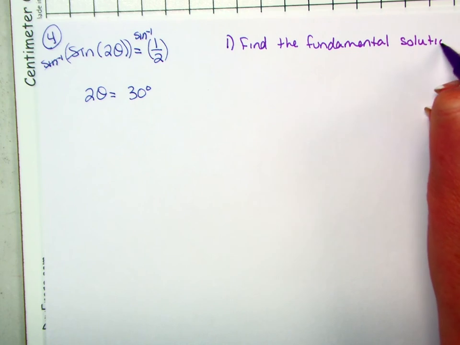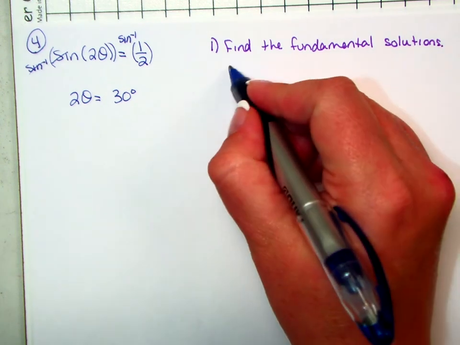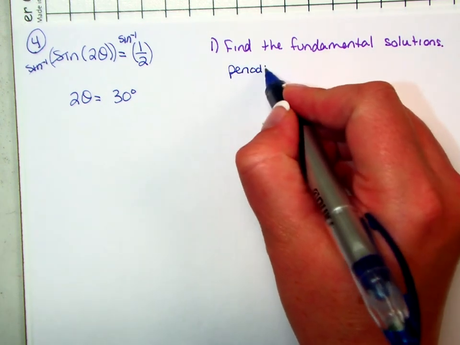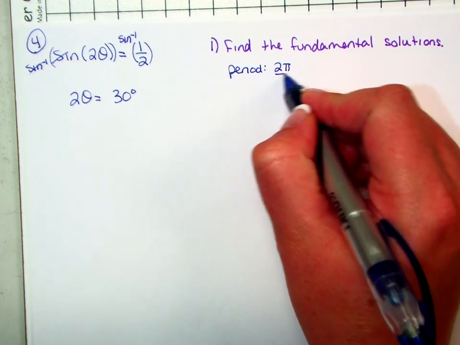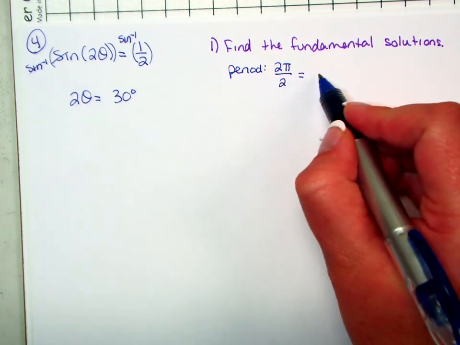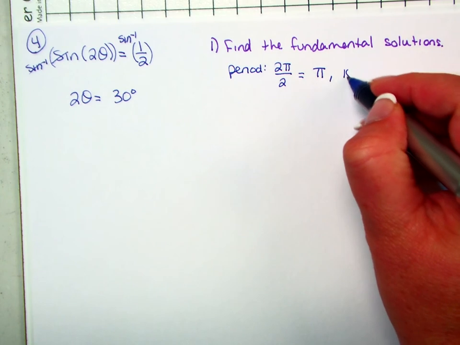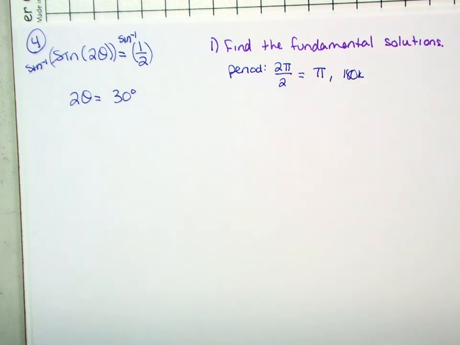What is the period of this function, right? The period of this function is 2 pi over omega, right? And omega this time is 2. So the fundamental period here is just pi, or 180k, right?